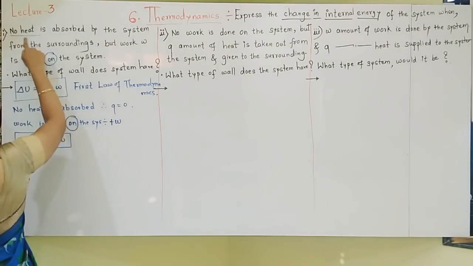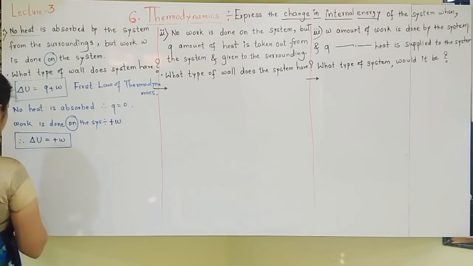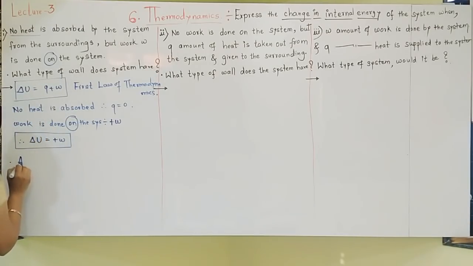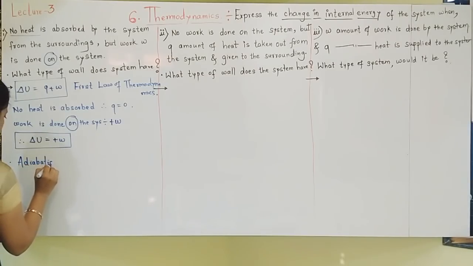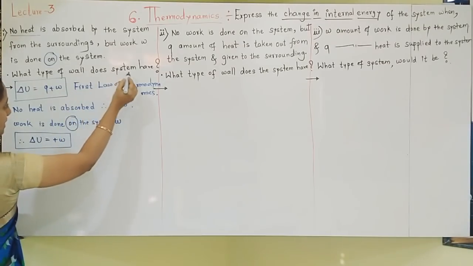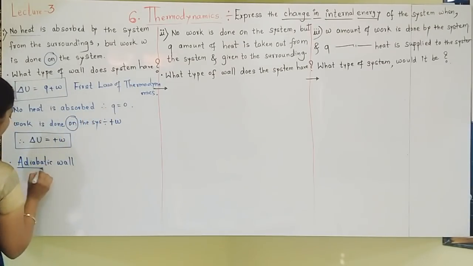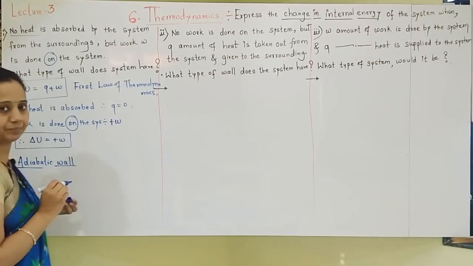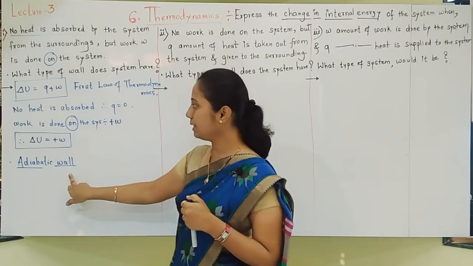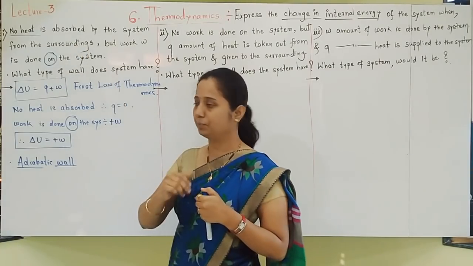Here what is given? No heat is absorbed by the system. Therefore, what type of wall? I am writing adiabatic wall. The system has an adiabatic wall because no heat is absorbed. Next question.